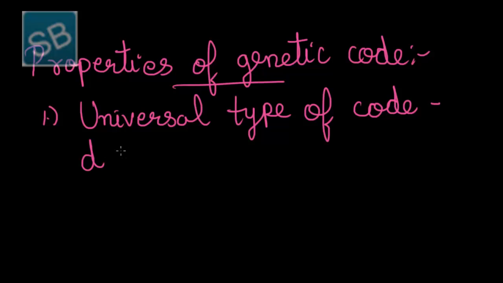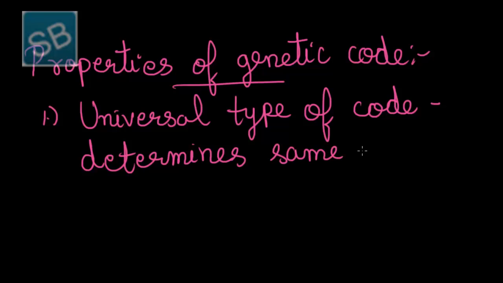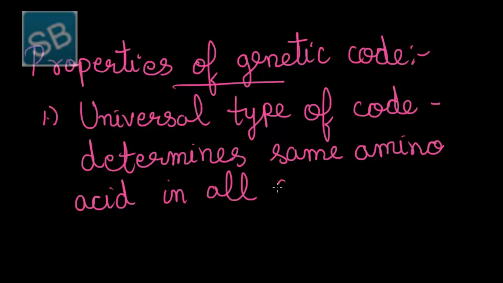That is, this universal type of code determines the same amino acid in all organisms, which includes virus, bacteria, plants, animals, that is all organisms.